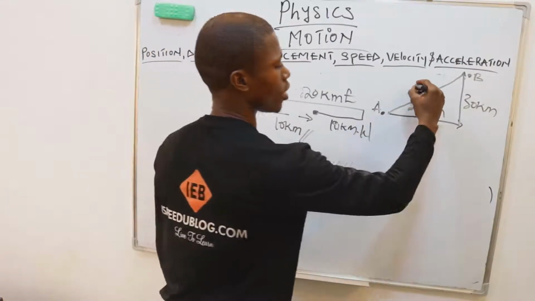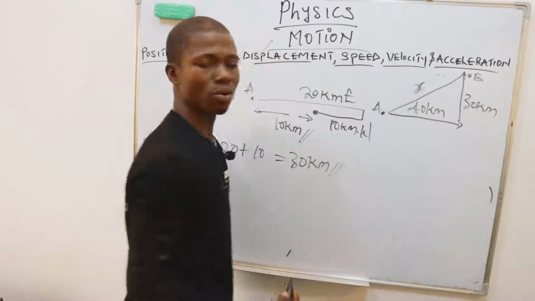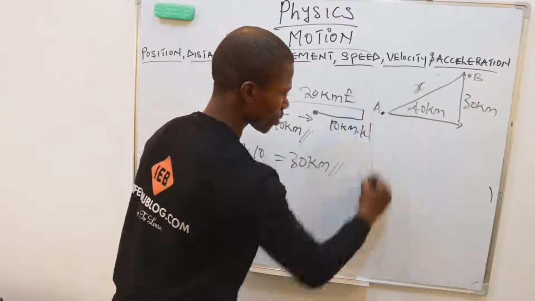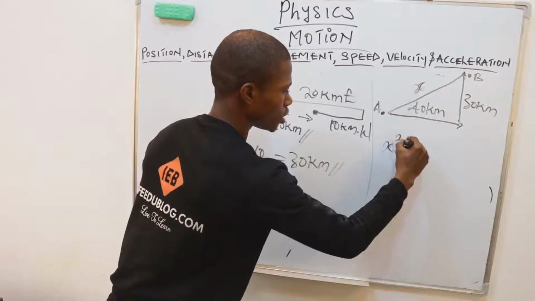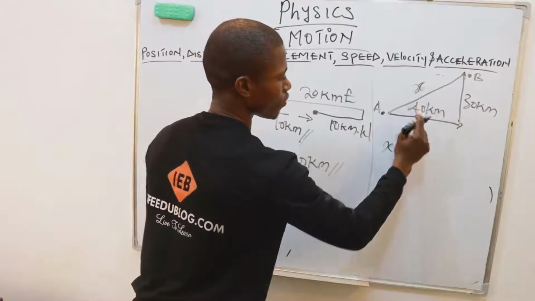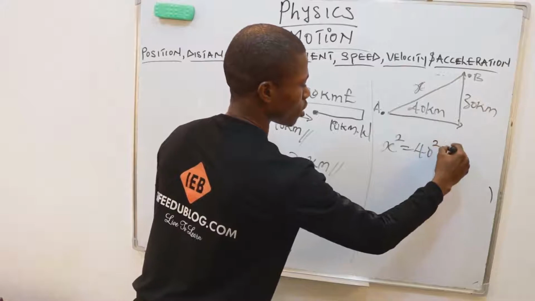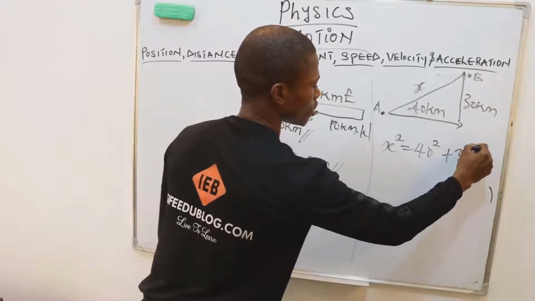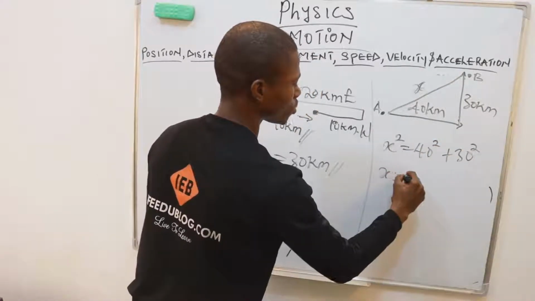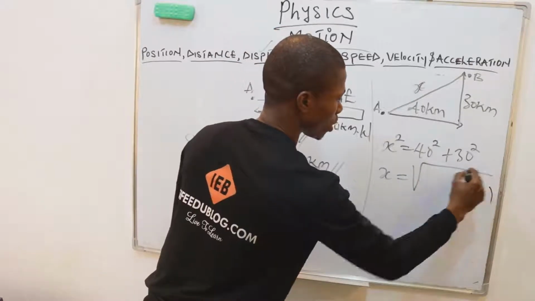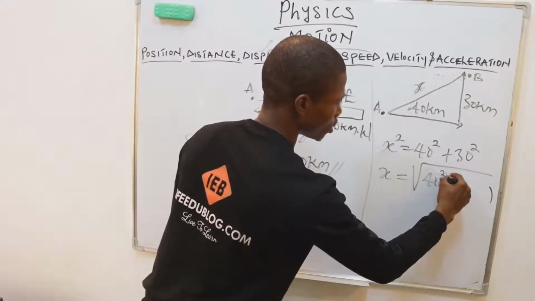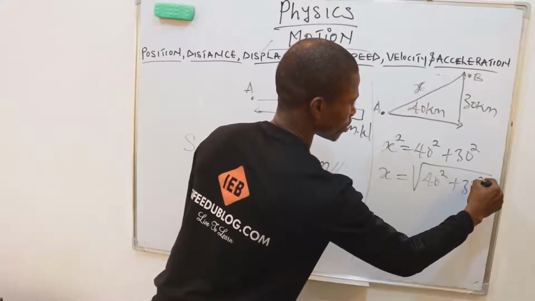And if we use Pythagoras' theorem, it says x squared is equal to 40 squared plus 30 squared. So our x will be equal to the square root of 40 squared plus 30 squared.